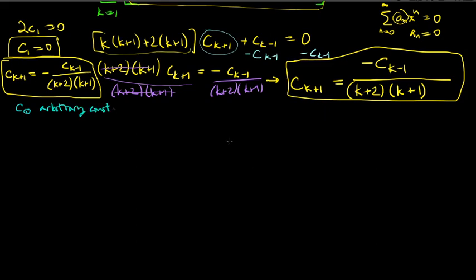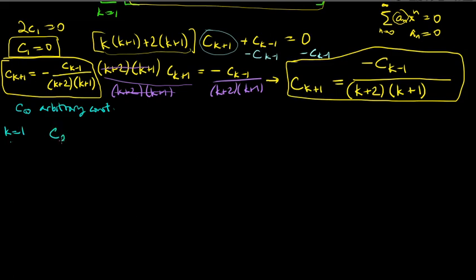So here, k would have to be 1 for this to be C0. I'm going to do that over here. So k is 1. That means we're going to get C0, and this will end up being 1 plus 1 is 2.